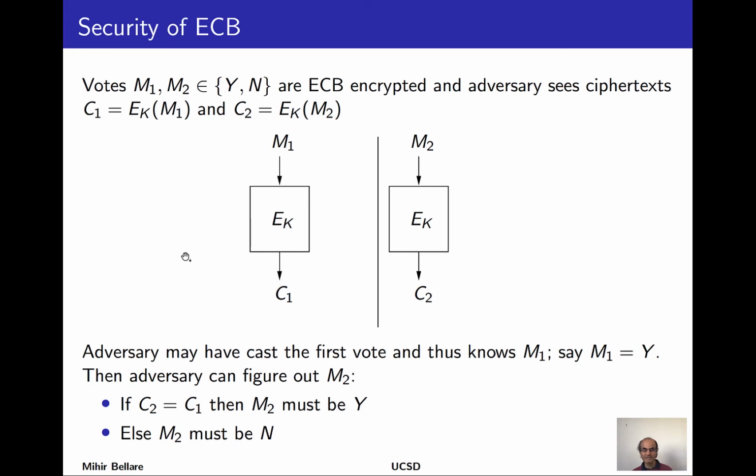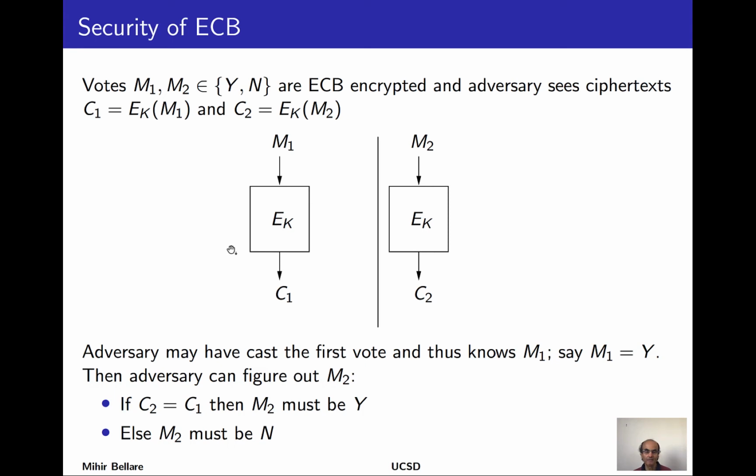But here's another scenario, and this illustrates how it's important and interesting to think about different scenarios. Let's say the adversary was one of the voters. Why not? So the adversary is the one who cast the vote M1. And of course, then it knows it. Say it's a yes vote. It wants to figure out what its neighbor M2 has voted, meaning what M2 is. And it can figure that out completely.